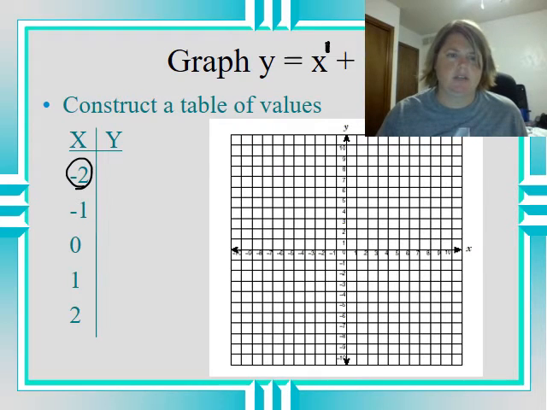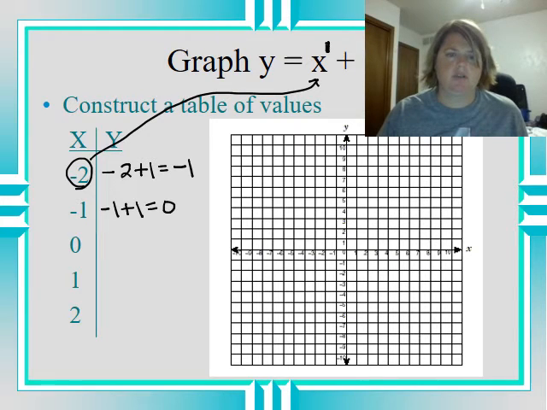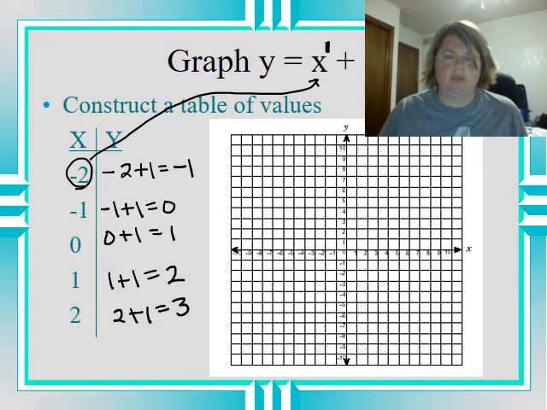So you're going to take each value of x and plug it into the equation. So this would be -2 plus 1, which equals -1. -1 plus 1 equals 0. 0 plus 1 equals 1. 1 plus 1 equals 2. 2 plus 1 equals 3.